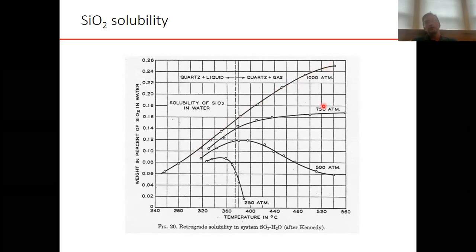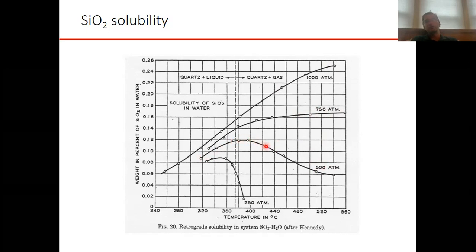Now you see here at 750 atmospheres, we also first have an increase of solubility, but above the supercritical temperature, the curve becomes very flat. I cannot much further increase the solubility of the silicon dioxide. If I go to even lower pressures associated with even smaller fill rates, my solubility even becomes reversed in the supercritical phase.